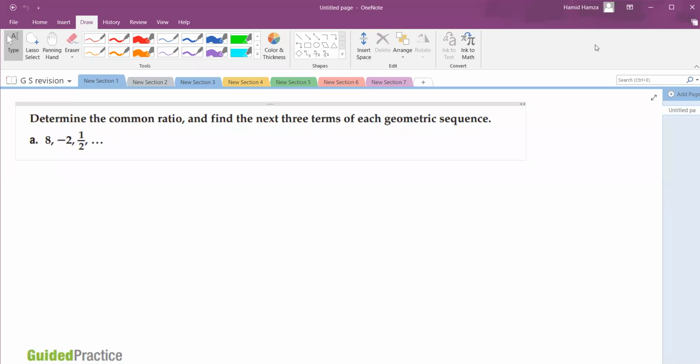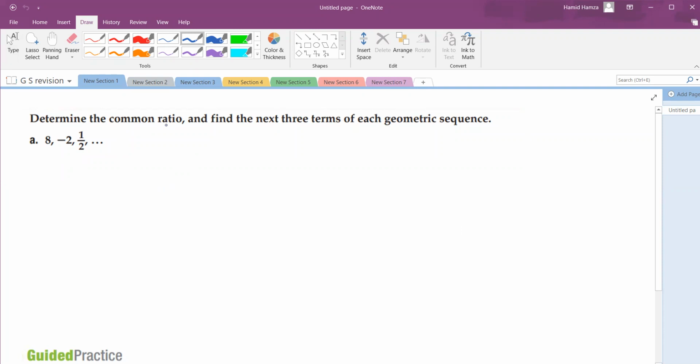So with a geometric sequence, the terms are formed by multiplying each term by what? By a constant number. To find these numbers, which we multiply by each term to get the next one, its name is what?